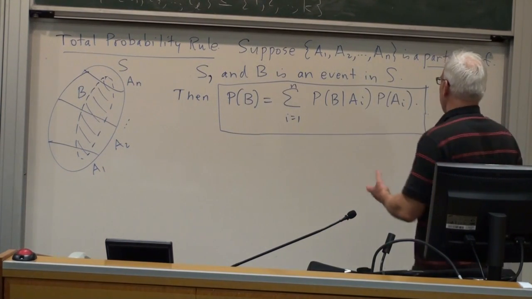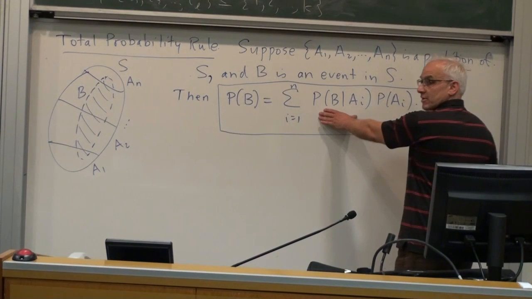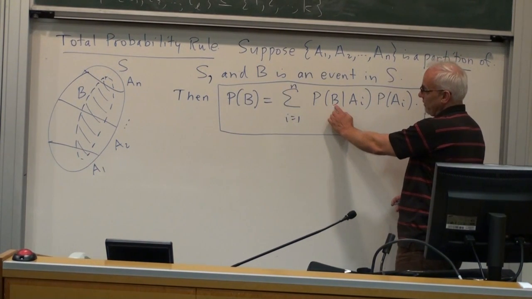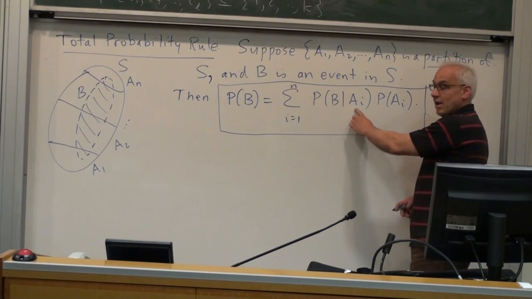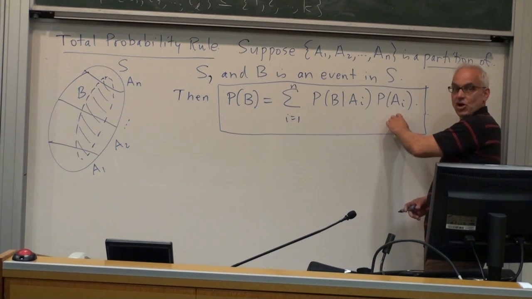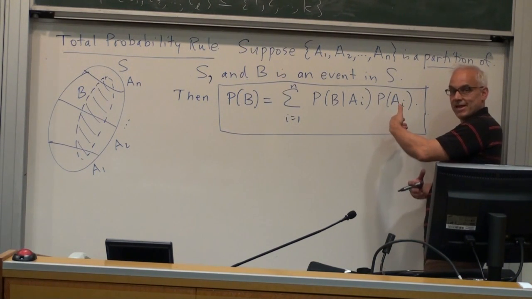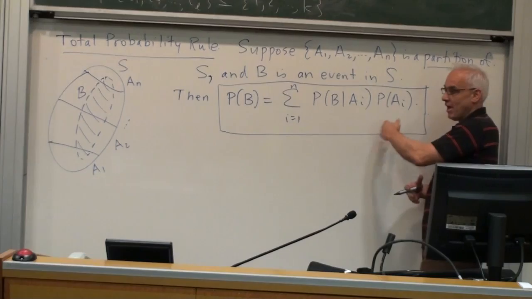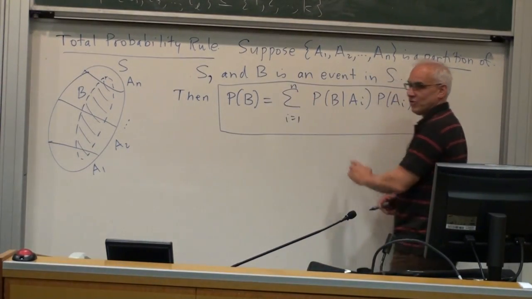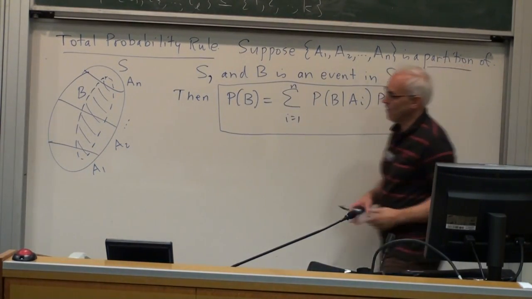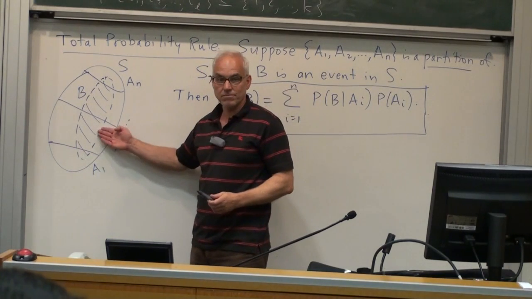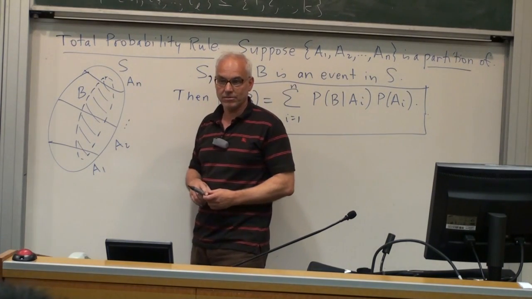So it's a sum of conditional probabilities, the probability of B given Ai, times the actual probabilities of the events in the partition themselves. And we're summing from i equals 1 to n. So there's one such constituent for each of the partition elements.